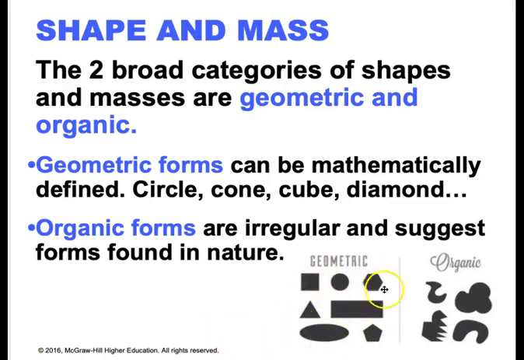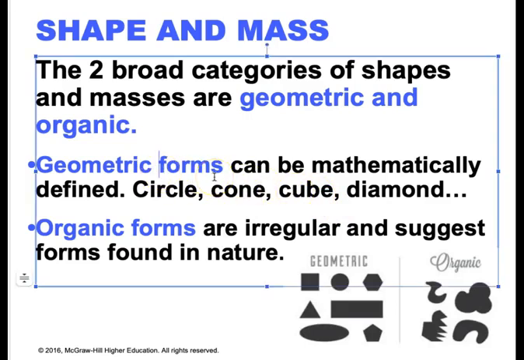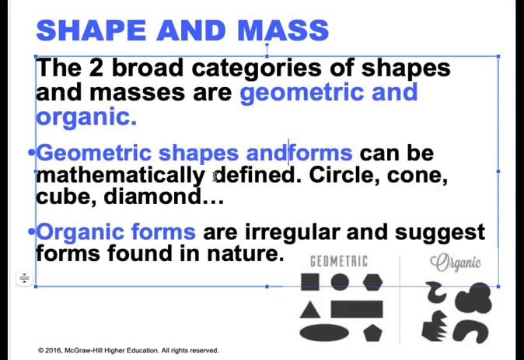And I inserted some images here of geometric shapes. They're basically the ones that we can name. So these are shapes. Geometric forms would be like a cube. It's three-dimensional, it's taking up space, but we still have a name for it. It's very geometric. I'm going to insert here, geometric shapes and forms.